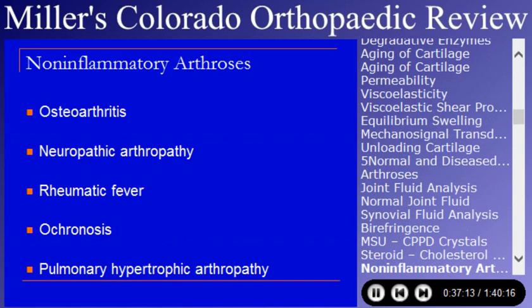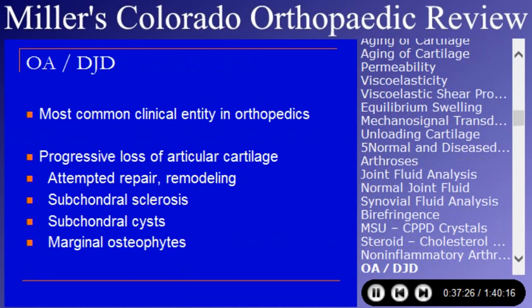The non-inflammatory arthroses include osteoarthritis, neuropathic arthropathies, rheumatic fever, ochronosis, and pulmonary hypertrophic osteoarthropathy. Osteoarthritis, or degenerative joint disease, is the single most common clinical entity in orthopedics. Virtually any adult field you go into, you're going to spend a lot of time dealing with osteoarthritis.